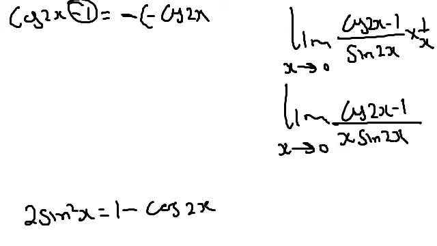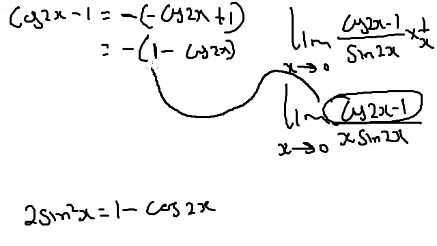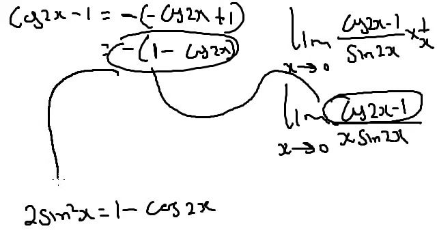Now this one will carry a positive sign, plus 1, which becomes negative of (1 minus cos 2x). So you can clearly see that what we have here correlates to what we have here. So I won't just replace cos 2x with negative (1 minus cos 2x), but I will entirely replace 1 minus cos 2x with 2 sin squared x. I hope you didn't get lost.